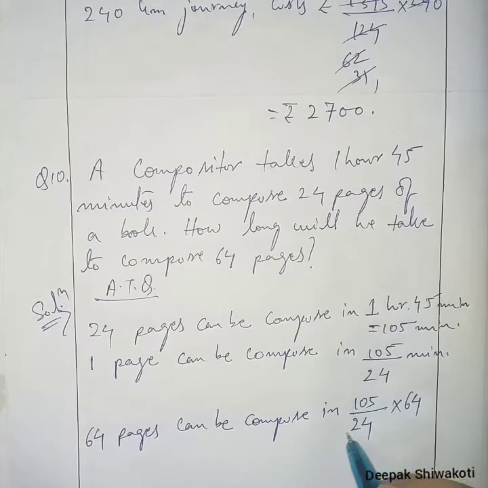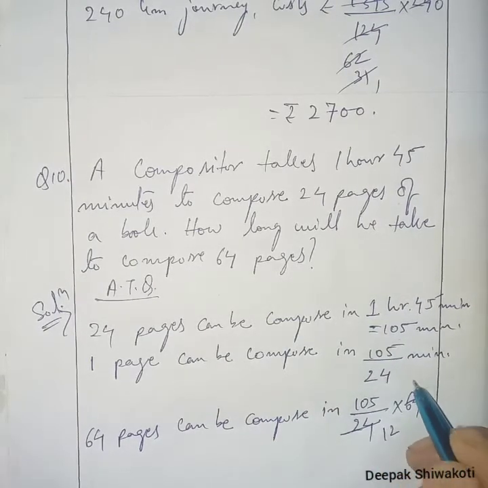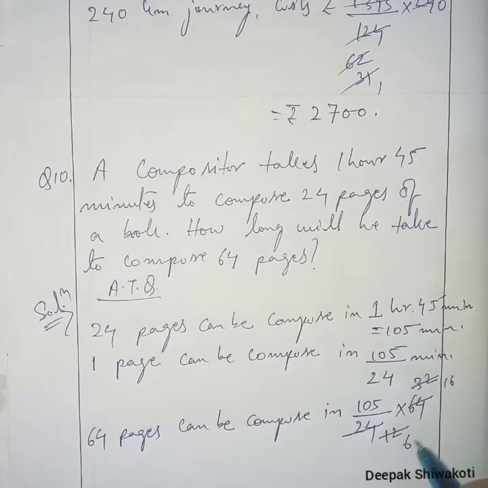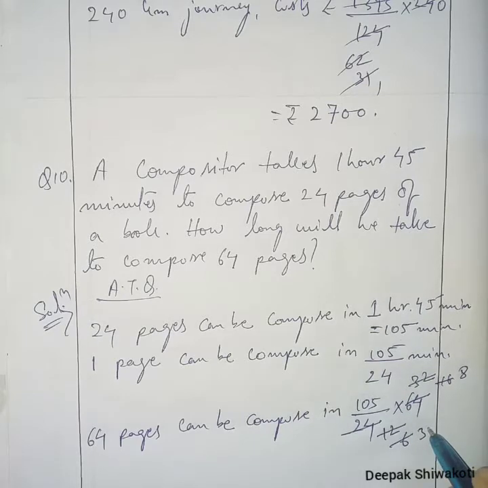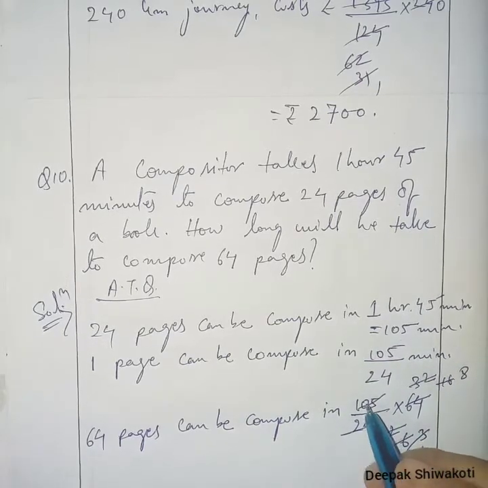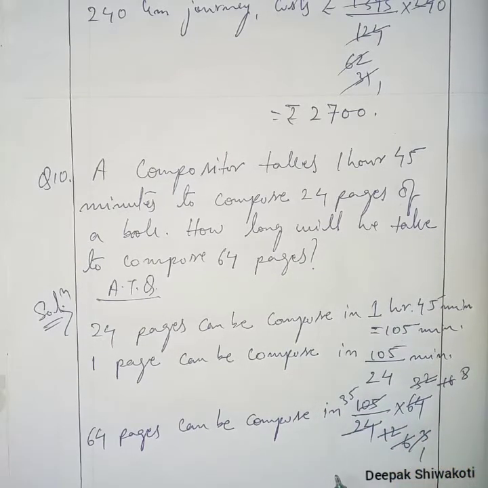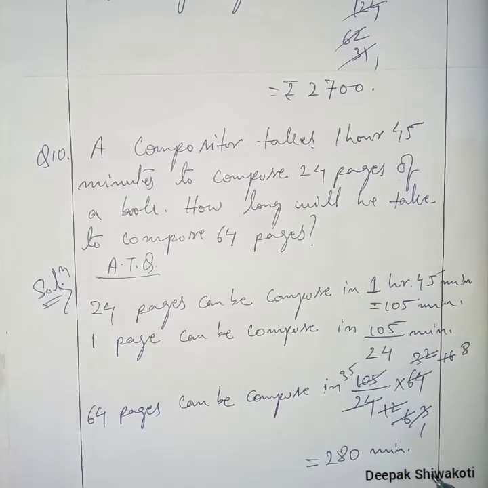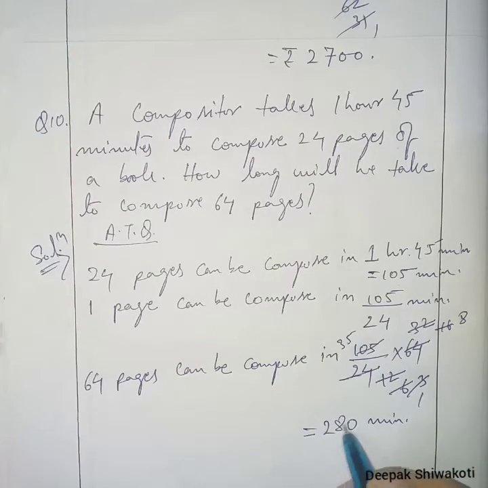So when we simplify this by 2, by 2, by 2 and by 3 here, 35 into 8 we get 280 minutes. So we can convert it into hour and minutes by dividing this by 60.